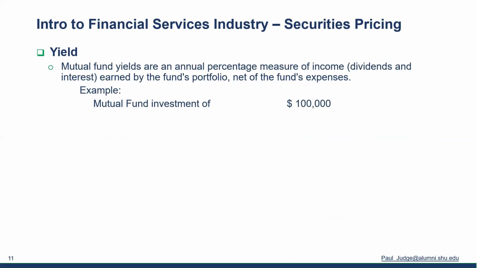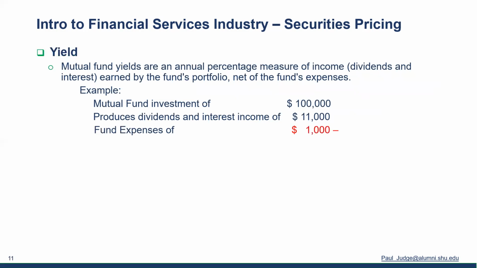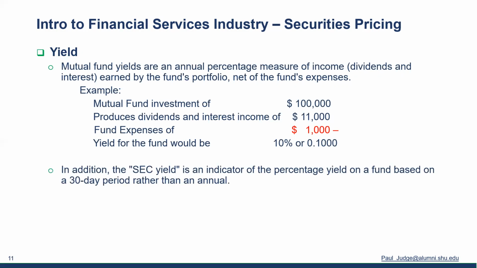If you have a mutual fund that has $100,000, it produces dividends and interest of $11,000, and your expenses were $1,000, then the yield would be 10%, right? That would be the yield for a particular fund. In addition, the SEC yield is an indicator of the percentage yield on a fund based on a 30-day period rather than the annual period.